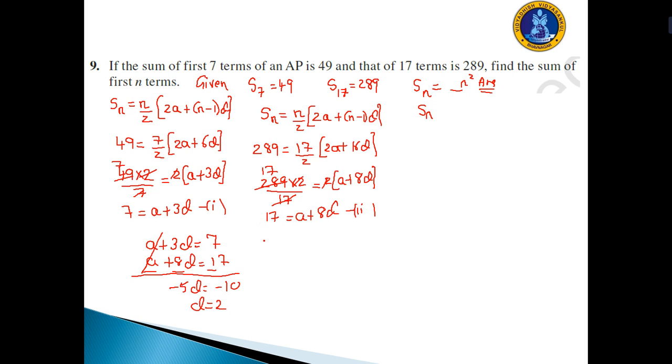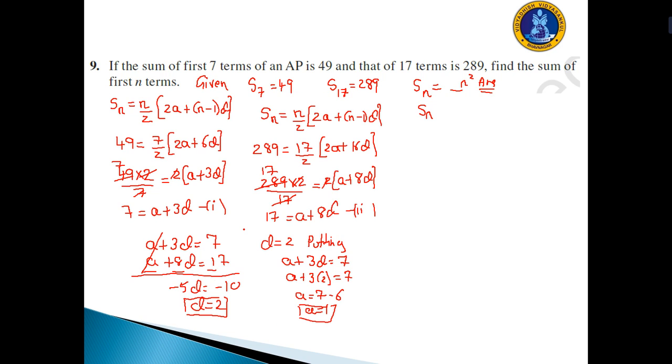By putting d is equal to 2 in a plus 3d is equal to 7, if I put 2 here, a is equal to 7 minus 6, that is a is equal to 1. So a is equal to 1 and d is equal to 2.